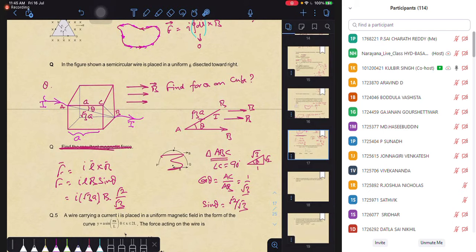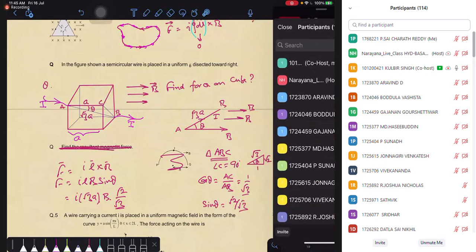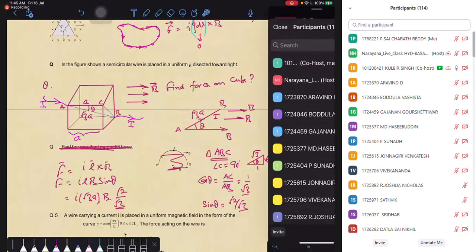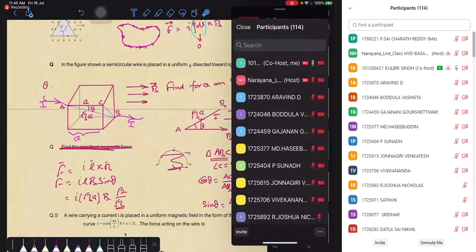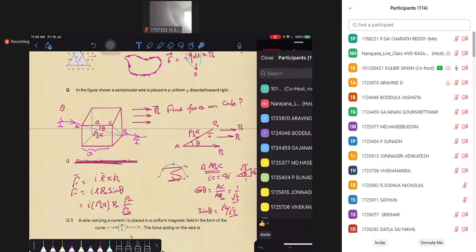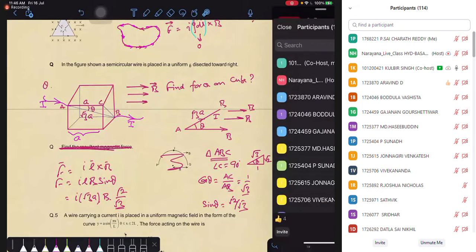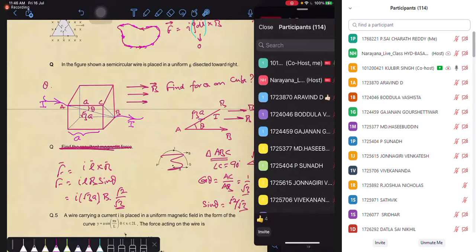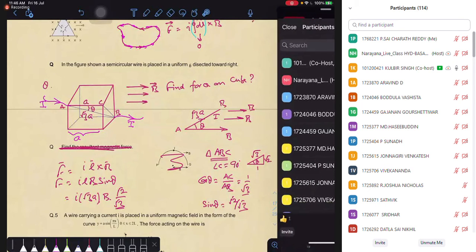It is applicable when B is constant, so it is applicable to the maximum number of problems. Wherever you have a constant magnetic field, don't bother about the shape. Forget about the shape. Simply take the starting and ending point of the current. Rest is trigonometry.